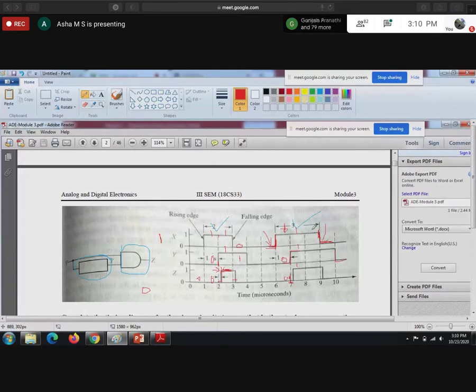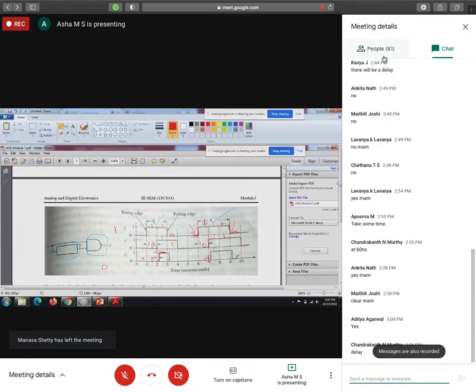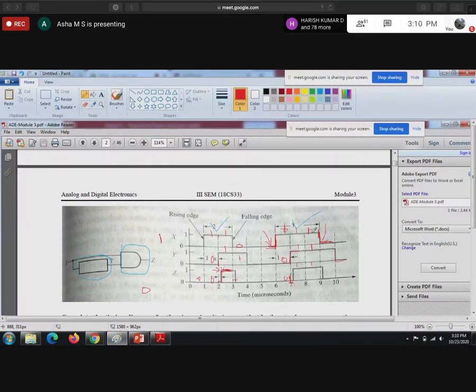Again, check the next slot. So this is high, this is high, so this will be high, it will be continuous. Check at time 9. Again at 9 microseconds, x is going to change its state from high to low.